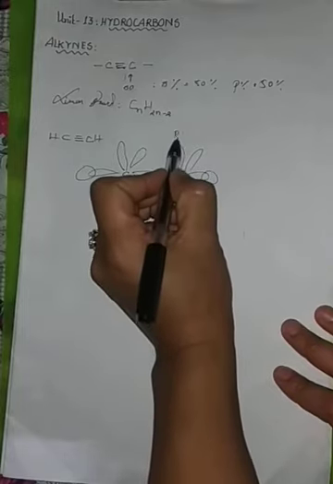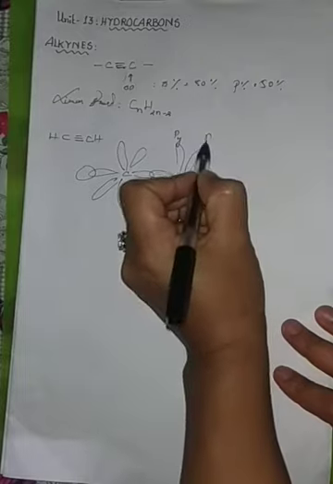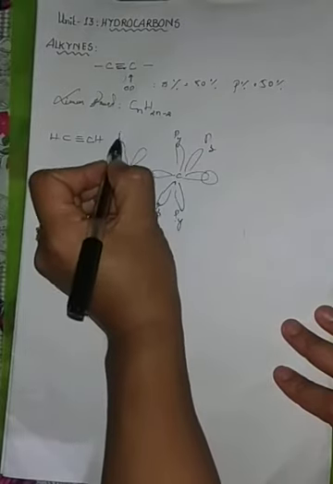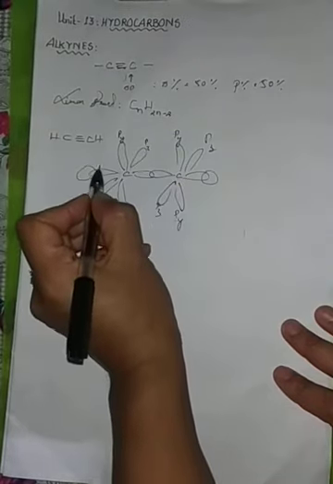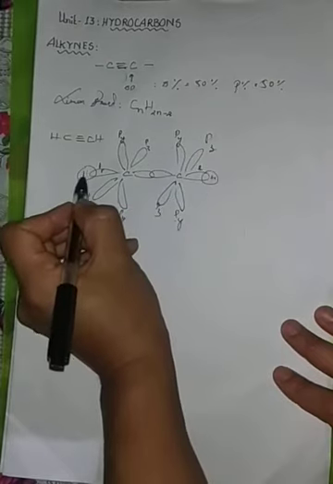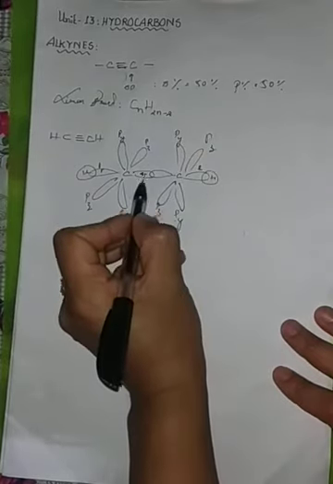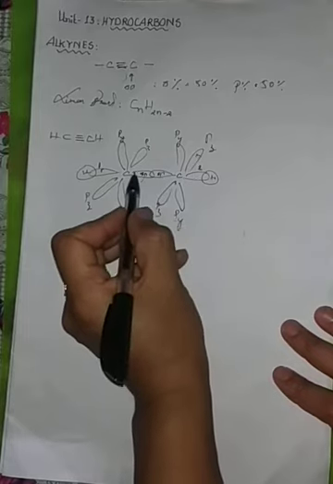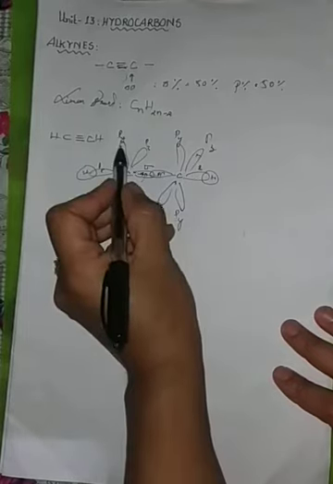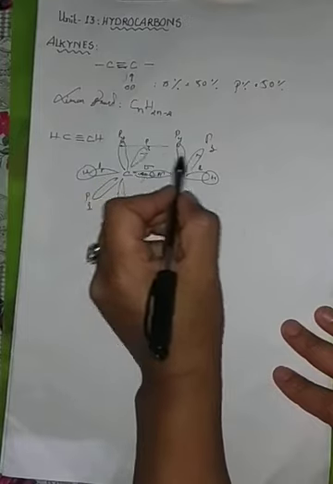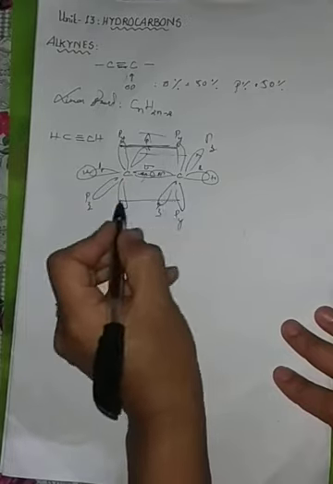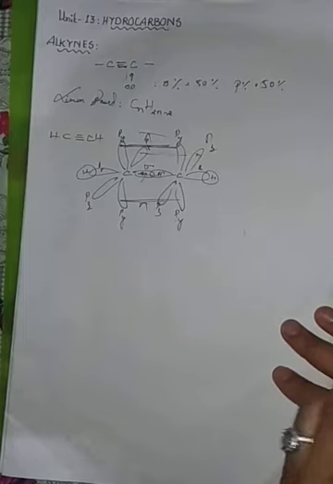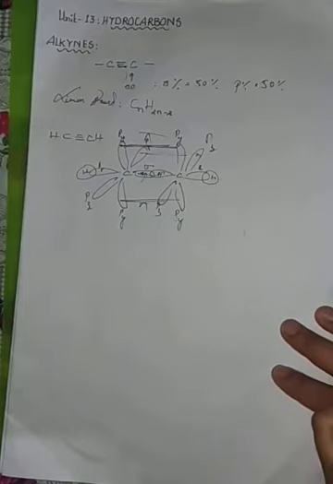This is our py, this is also our py, pz orbital, pz, and then this will be our px, and then px. This is formed by hydrogen. All of these are sp orbitals, and all the sigma bonds are formed here. The py orbitals and the pz orbitals overlap, and a pi bond is formed, and here also a pi bond is formed. Therefore, in alkynes, the carbon-to-carbon triple bond, there are 2 pi bonds and 1 sigma bond.